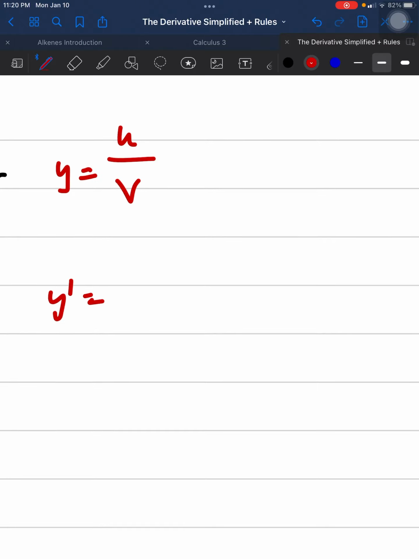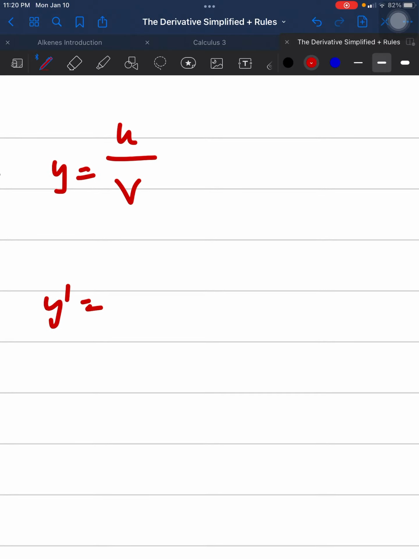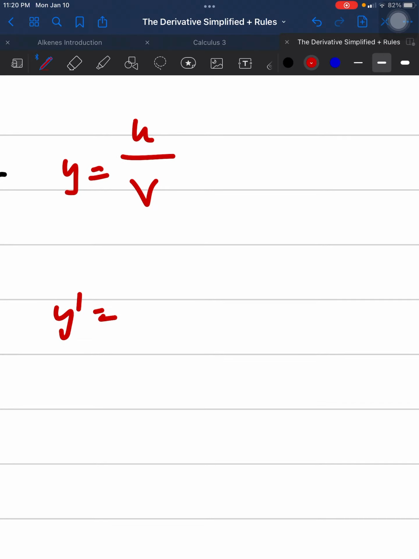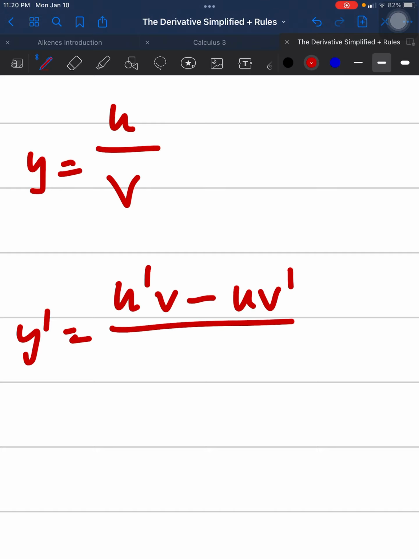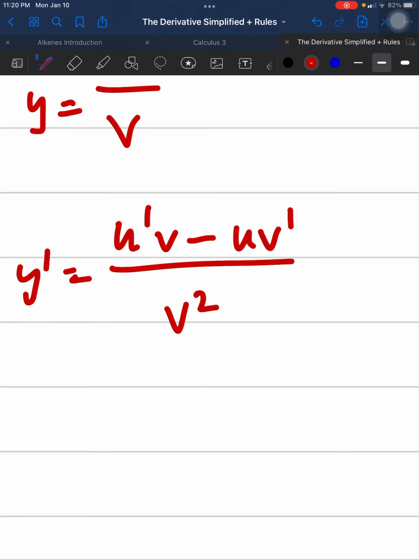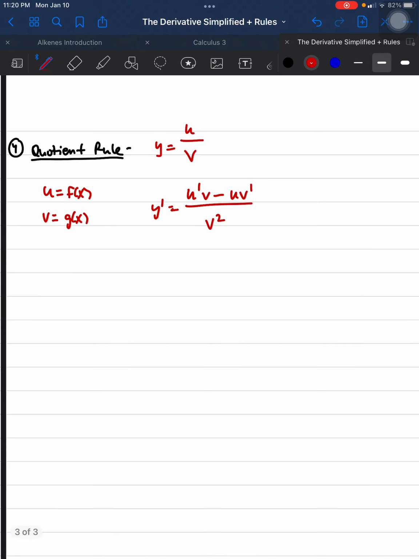So the general formula of the derivative of u over v is going to be u prime times v minus u times v prime over v squared.